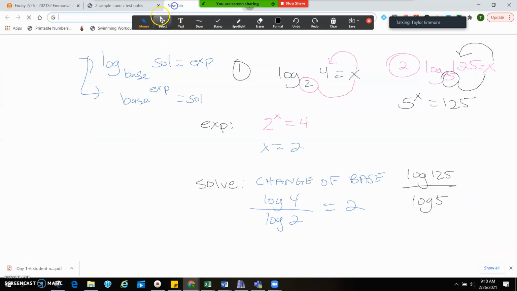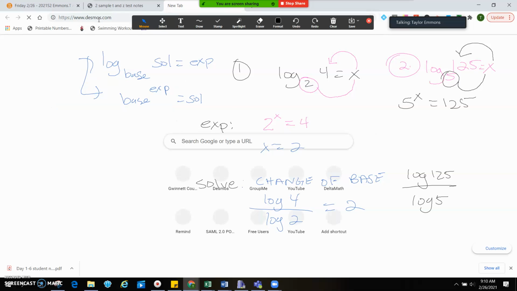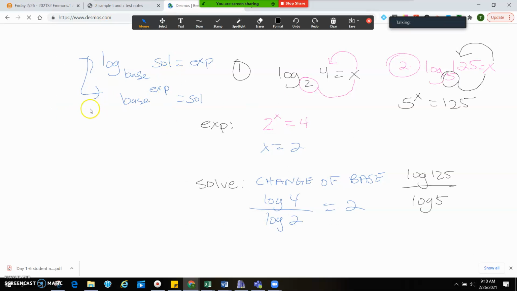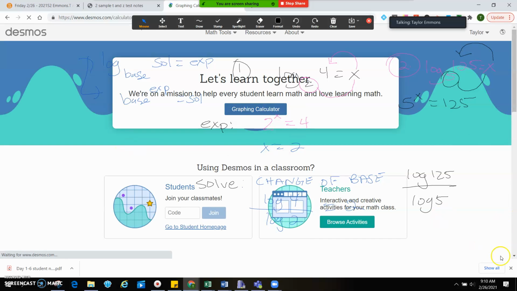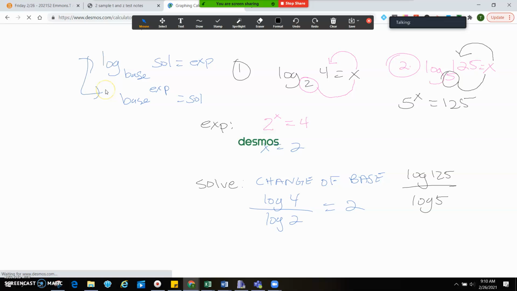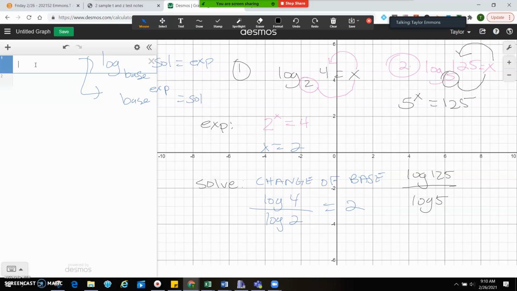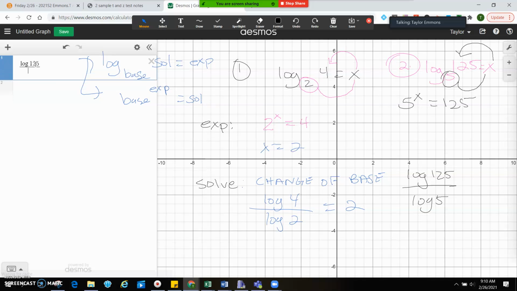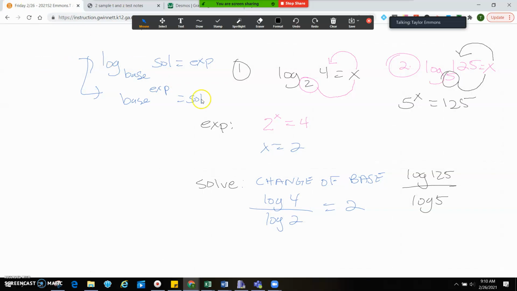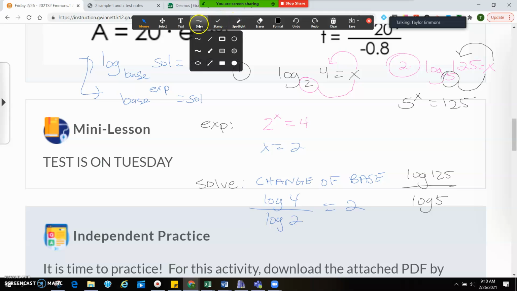Okay, and if I didn't have my calculator, I would go into Desmos, go into the graphing calculator, and do the log of 125 divided by log of 5, which is going to give me 3. Coming back over here, this is going to give me 3.